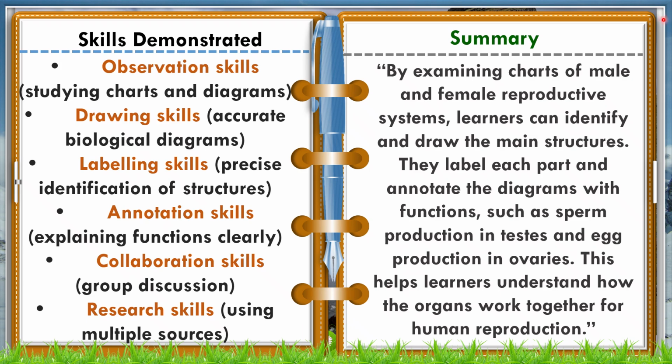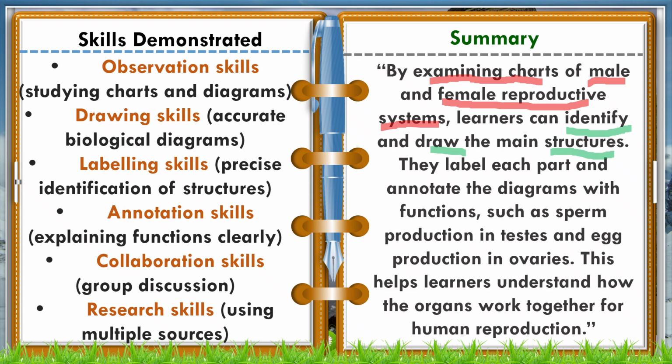Then we want to look at the summary. We said by examining the charts of the male and female reproductive systems, the learners can identify and draw the main structures.